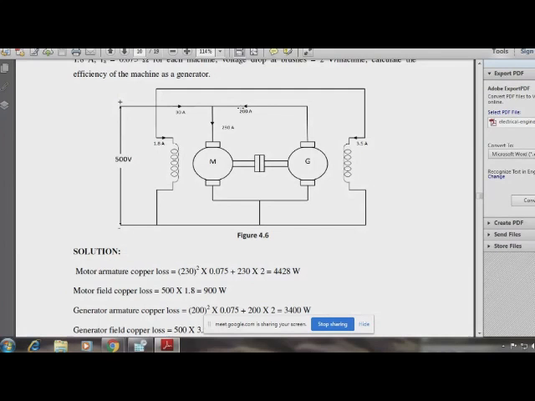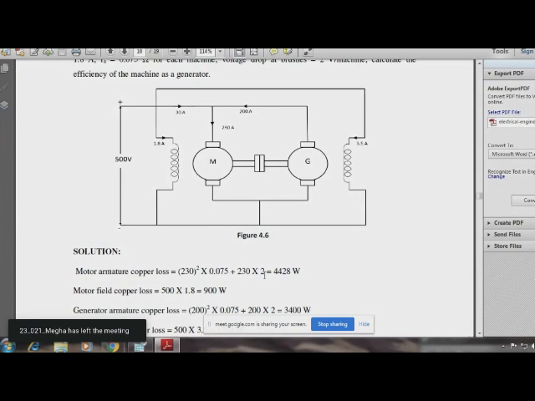Are you able to appreciate this concept? Yes, sir. Okay. So the armature copper loss is 230 square into 0.075 plus 230 into 2.